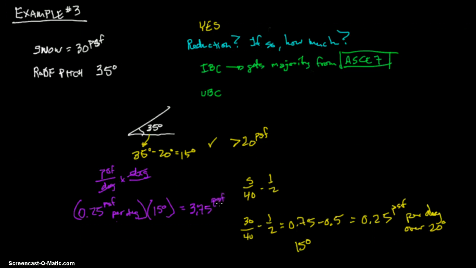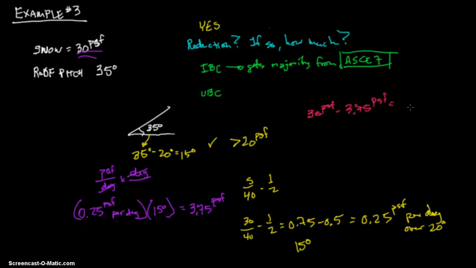So you can reduce your load, which your original load was right here, and you can reduce it by that. So if they're asking how much can you reduce it by, the answer would be 3.75. If they're asking what your new load is, then your new load is 30 minus 3.75 PSF equals what?